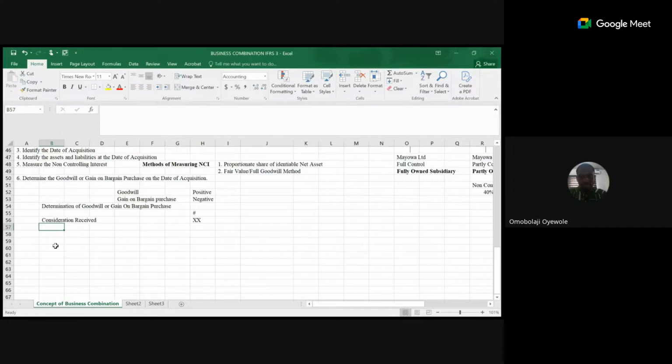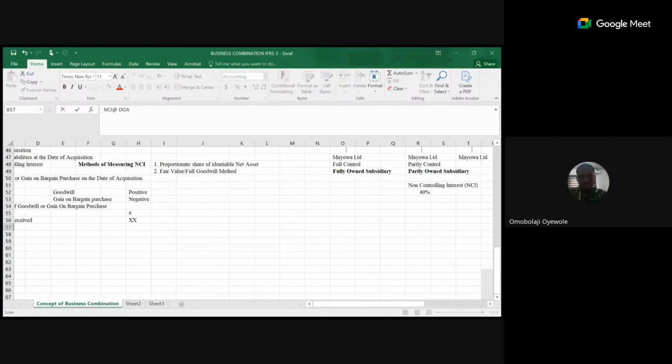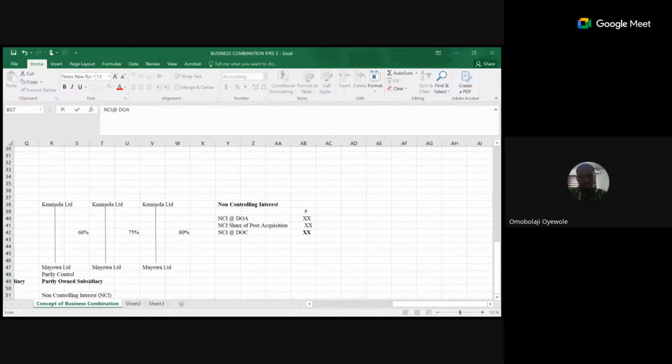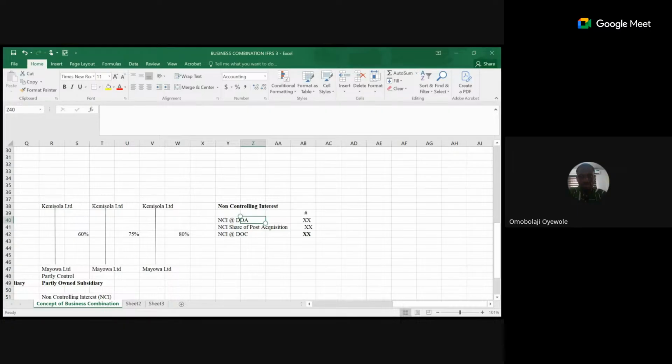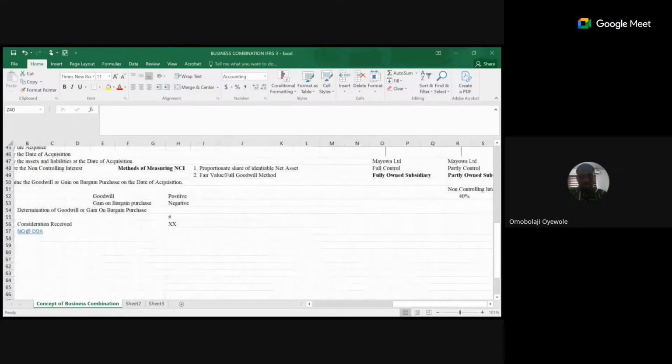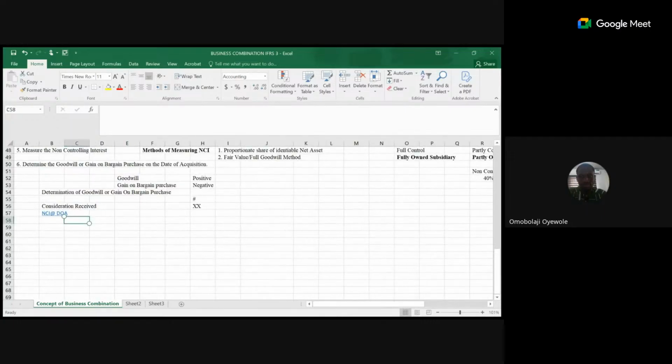The parent company and the NCI. They are the two buying the subsidiary together, so we have to factor in NCI as well. After consideration, I'll come here and say NCI at DOA. This NCI at DOA is the one we used to calculate NCI earlier. This is where we are going to derive the figure from. Do you get now?